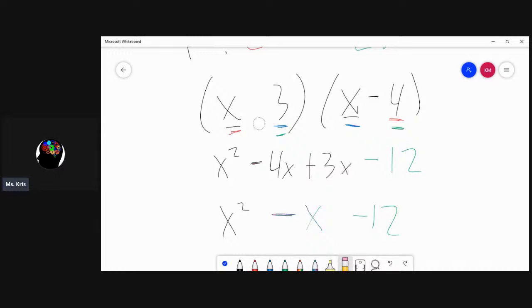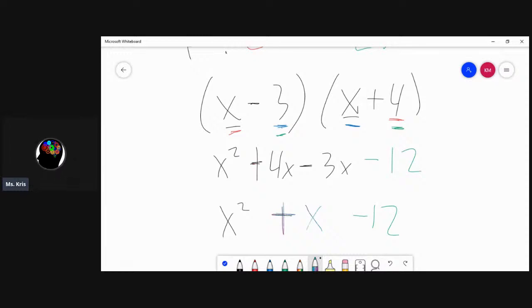Or if 3 is negative and 4 is positive, then my middle term becomes positive.